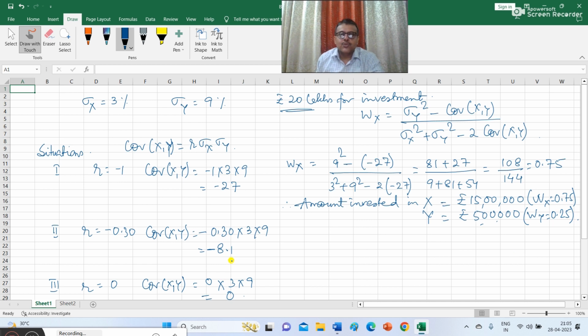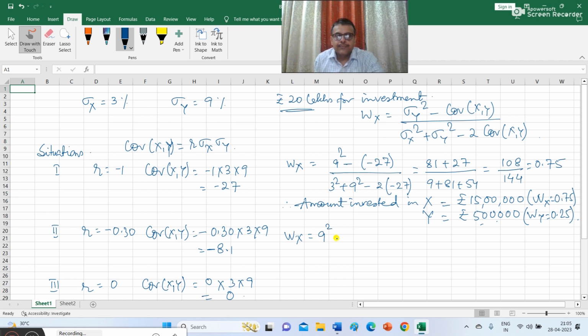Now in situation 2, where the value of R is minus 0.30, here the amount that will be invested in security X will be calculated.